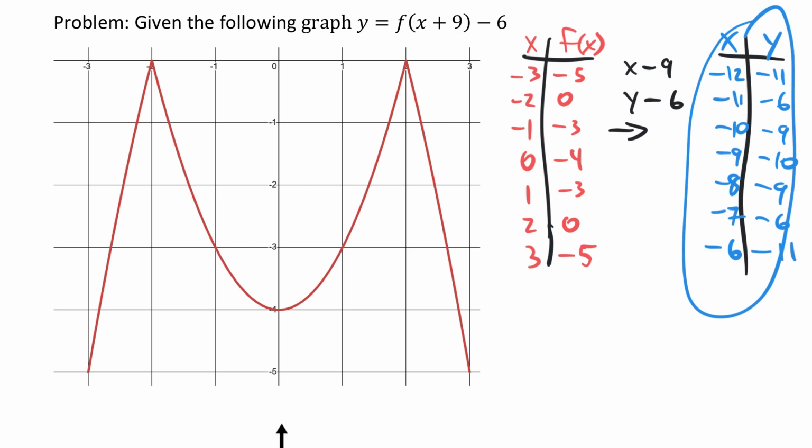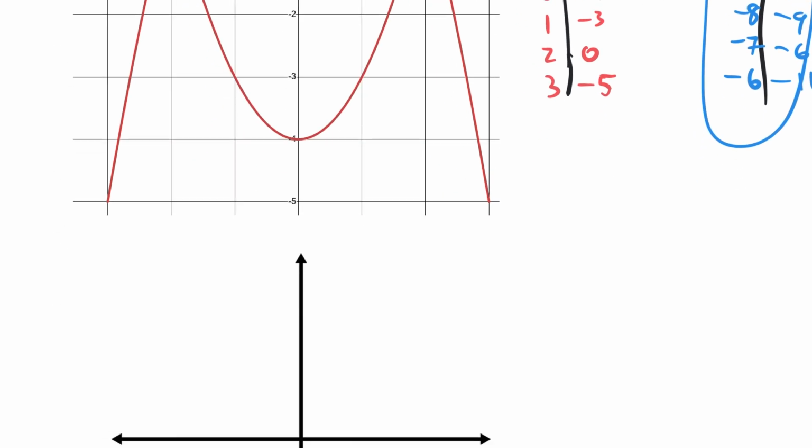And then finally, we need to take those points and plot them on a graph. So again, I'll encourage you to pause the video and give it a try. All right, we should have something like this. This is going to be down in the bottom left quadrant mostly. It might be a little hard to get to scale, but we'll give it our best shot.